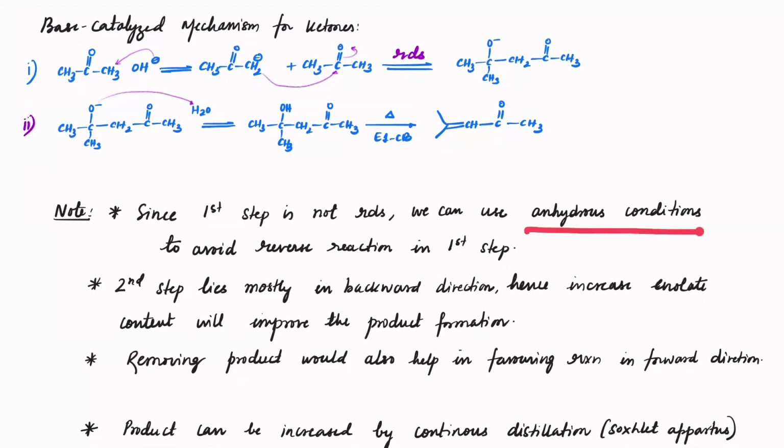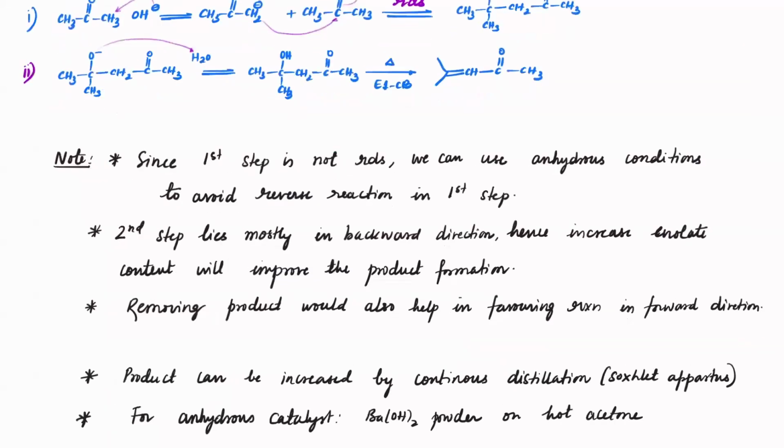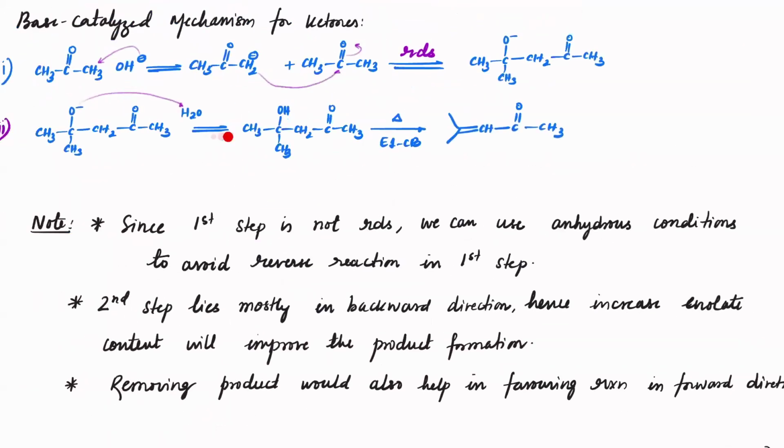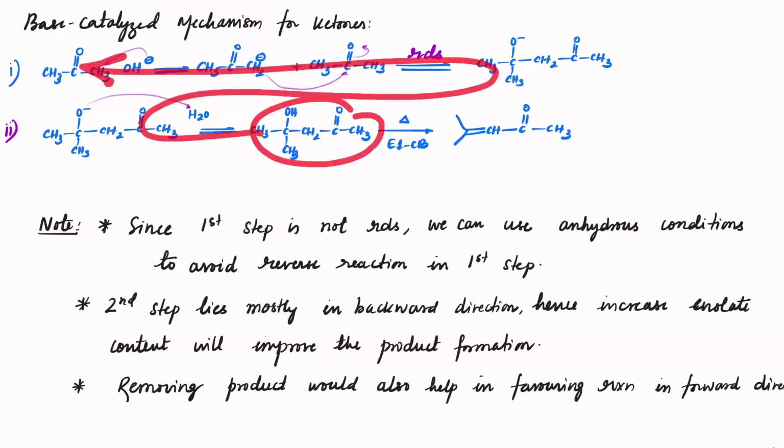Okay, clear. The second step lies mostly in the backward direction because it is extremely difficult to make this nucleophilic attack. So only if you increase this enolate ion can the reaction go more forward. And removing the product would always help in making the reaction go in the forward direction. Because as soon as the product is formed, it will always go backward to aldehydes or ketones.